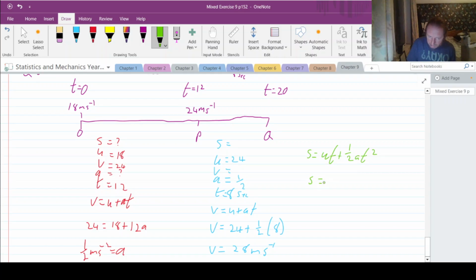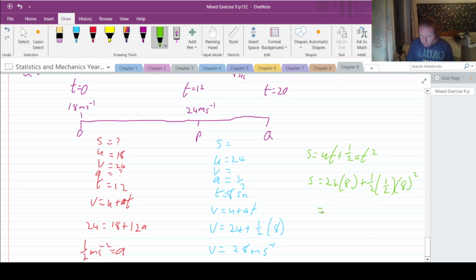So s is equal to the initial speed of 24 times 8 plus a half times the acceleration of a half times the time squared, 8 squared.